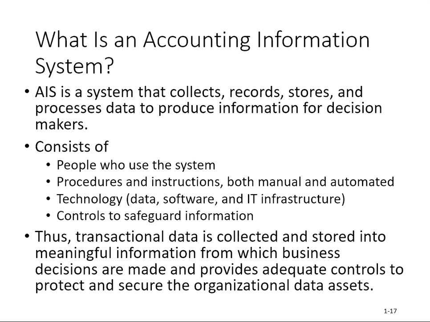Even paperwork bookkeeping you can call an accounting information system. Then technologies, talking about data, software, and IT infrastructure. And finally, probably the most important part is controls to safeguard information.